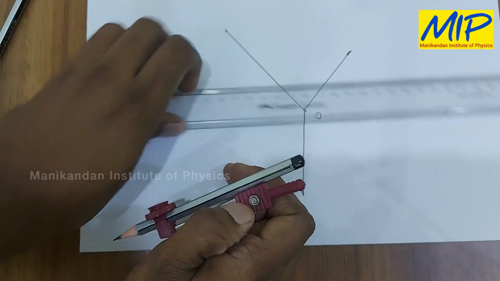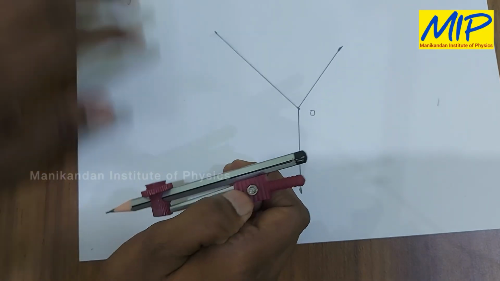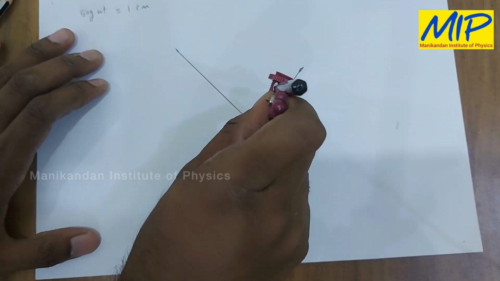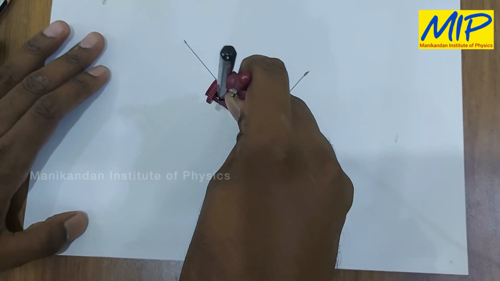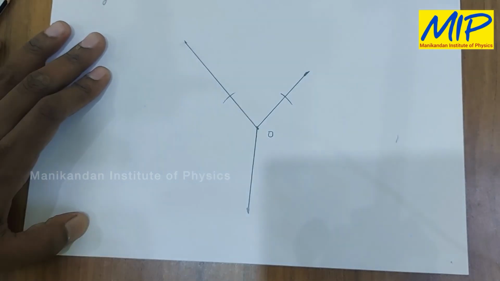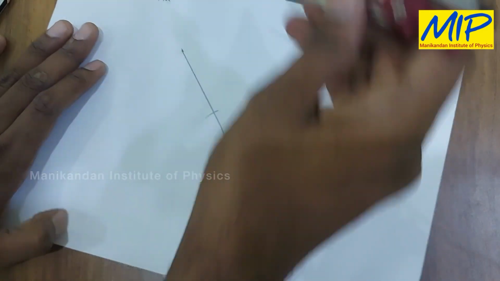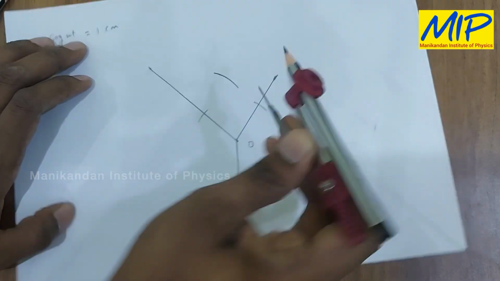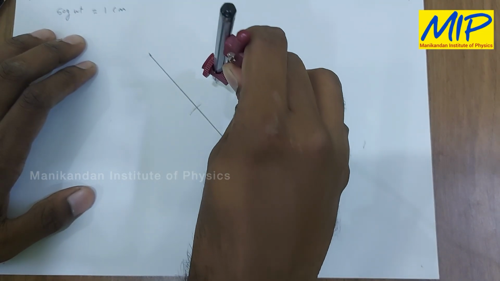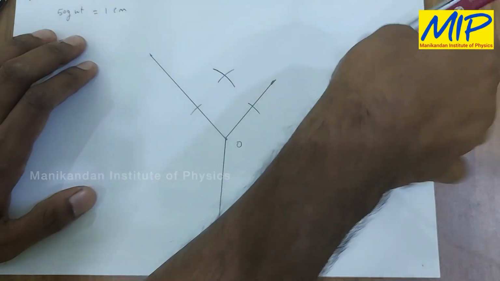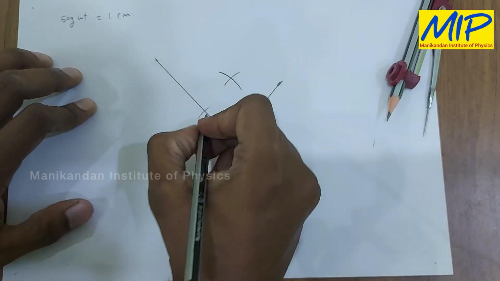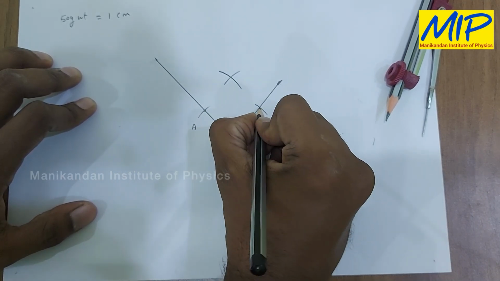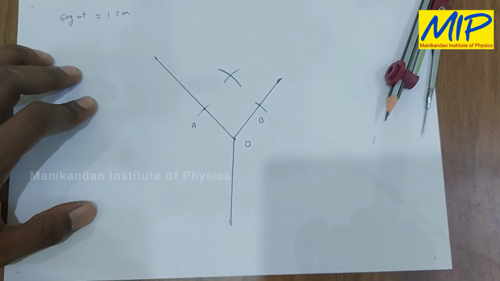Okay. So from the point O, we are going to take a cross over here, and a cross here, and then from the same 3 centimeters we are going to take this arc here, and then from here we are going to take another arc. So now this point is said to be my A, and this point is said to be my B. Clear?